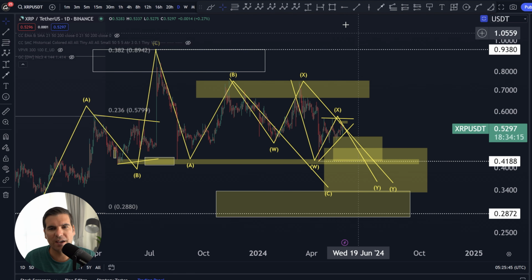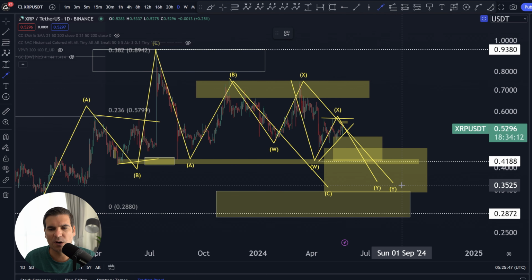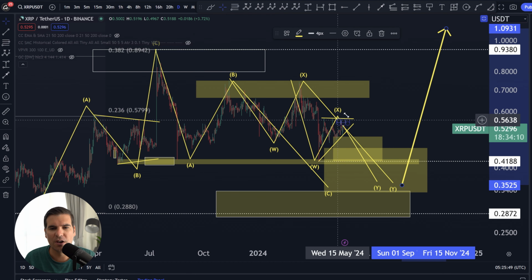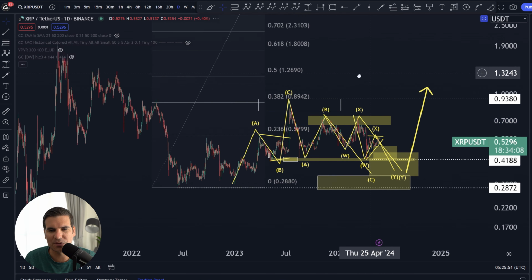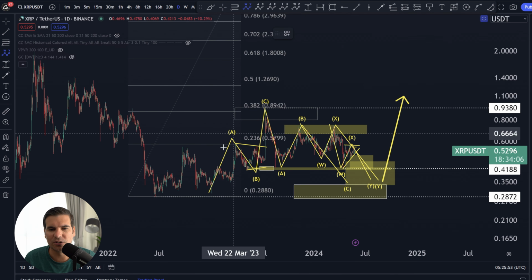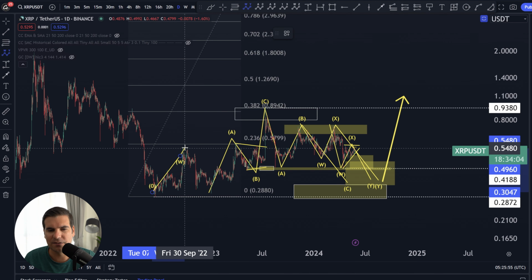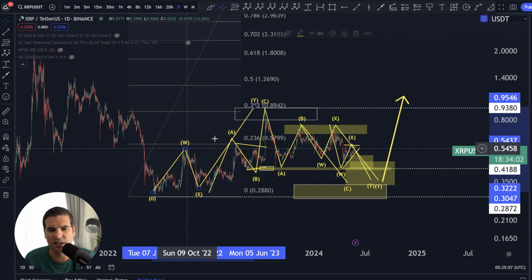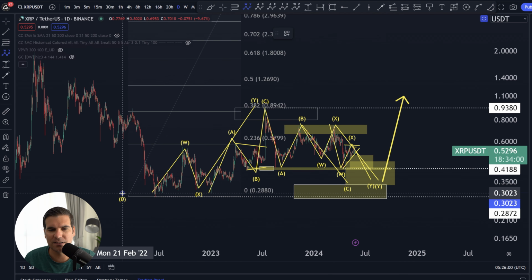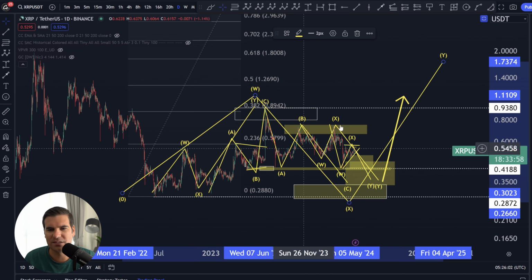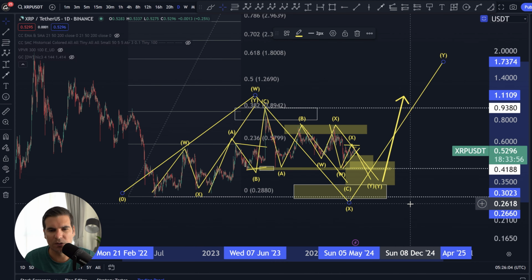This would actually mark a local bottom, where we then see fantastic growth upwards, because if we scale this out once again, let me draw this up correctly right in here. This would be a fantastic three-wave pattern like so, taking us well above the $1 level.